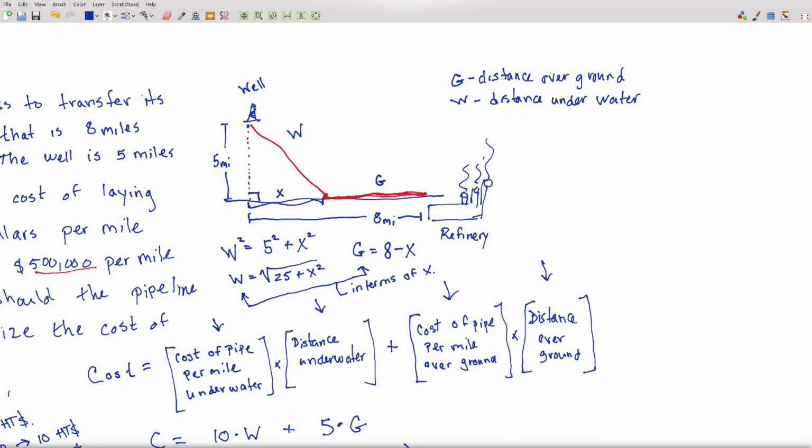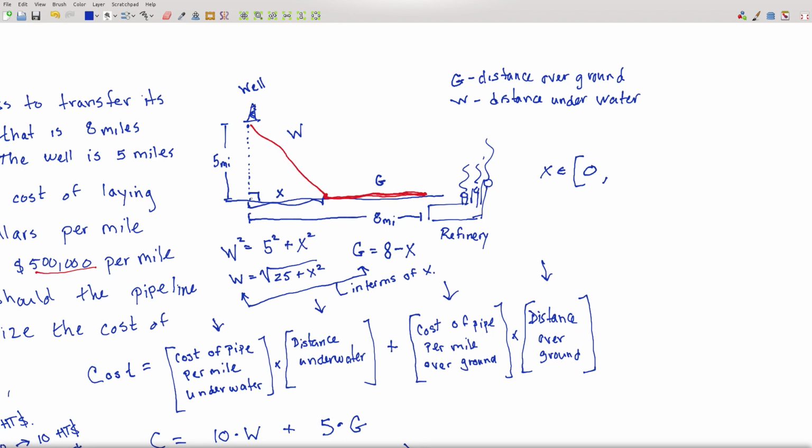See, if x is 0, that means we lay the pipe on the ground, we would lay it 8 miles, and then turn 90 degrees and head out to sea and lay some more pipe. But x could possibly be 0. So you see, x belongs to the interval starting at 0, being the smallest.